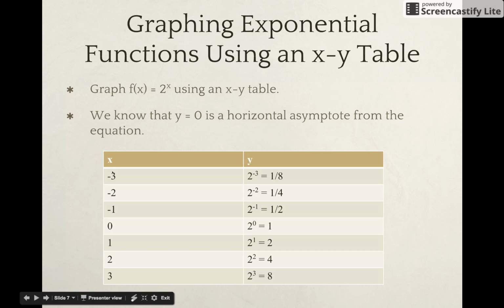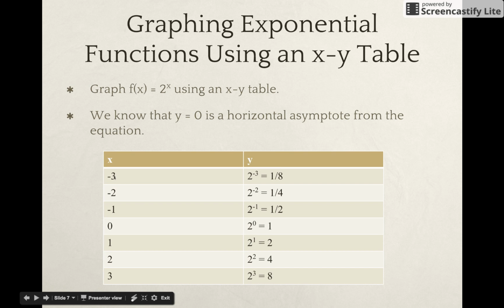I chose -3 to 3. I really chose these values so that we could have lots of examples on how to evaluate 2 to the x, making sure that we cover that, and also so that we can see where this horizontal asymptote is coming from.